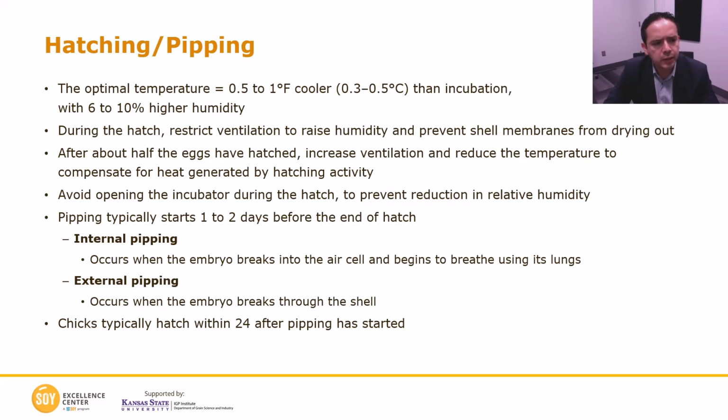During the hatch, it's important to restrict ventilation to raise the humidity and prevent the shell membranes from drying out. After about half of the eggs have hatched, you can increase ventilation and reduce the temperature to compensate for the heat generated by the hatching activity.